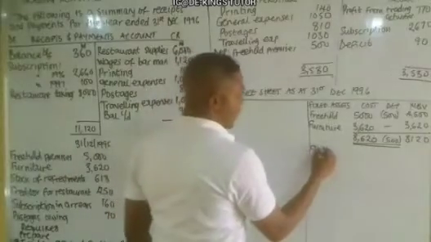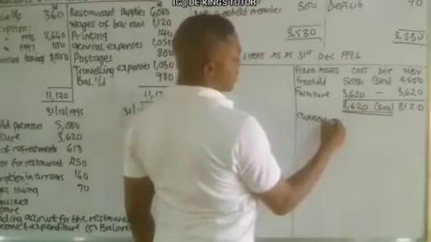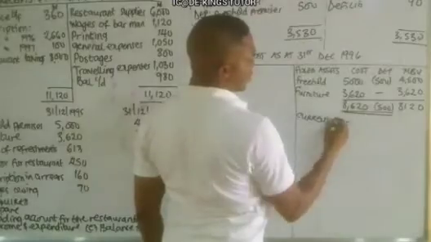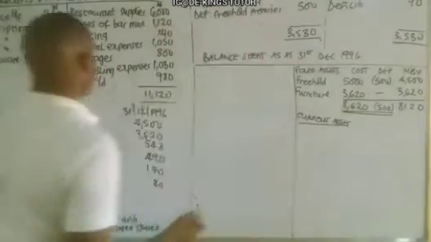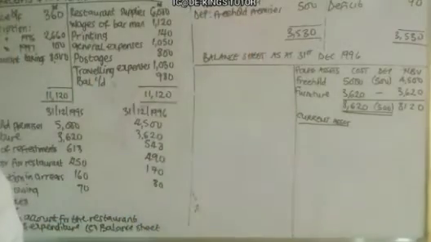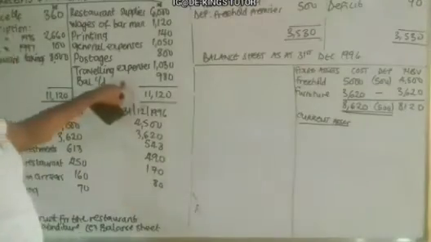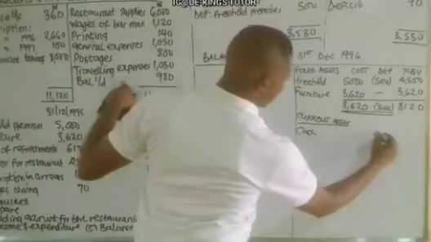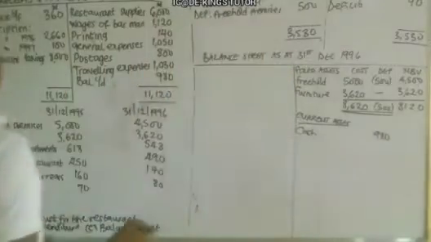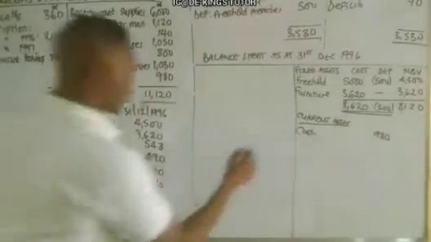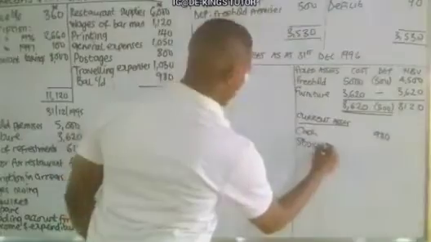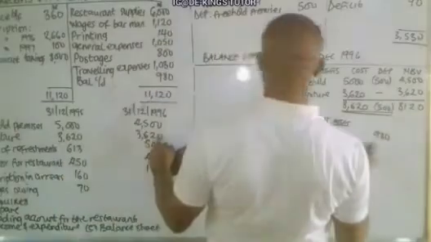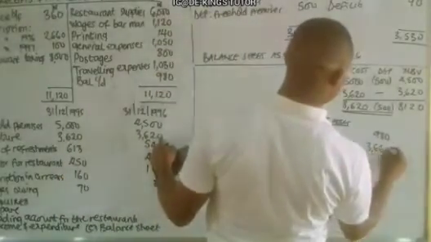Okay, so now we have our current asset. So the current asset, we'll have cash. This is cash in hand here. We'll have cash in hand as 980. Okay, so we'll have stock of refreshment at the end as 3,620.